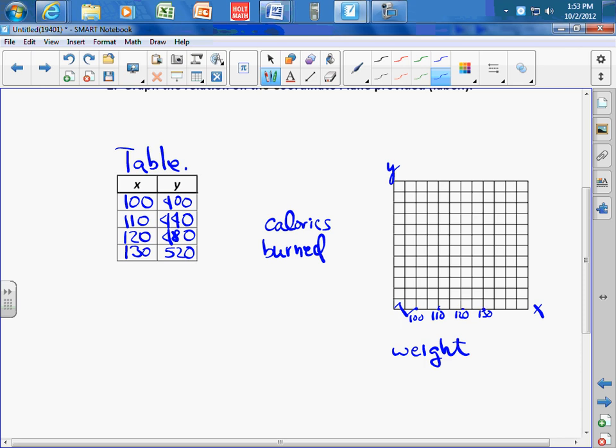And I'm going to do the same thing on the y-axis. I'm going to put a break in here. And I'm going to start at 400. I'm going to have 440, 480, and 520. And when I plot my points, I'm going to have 100, 400, 110, 440, 120, 480, and 130, 520. And from that, I can draw my line.